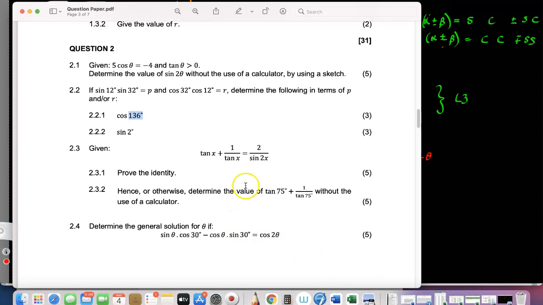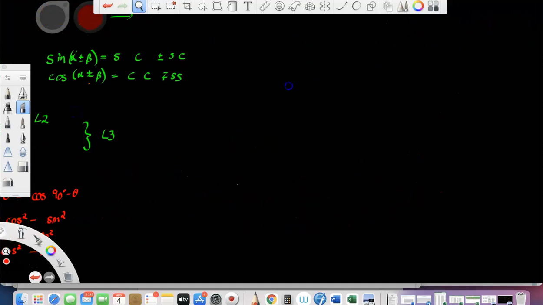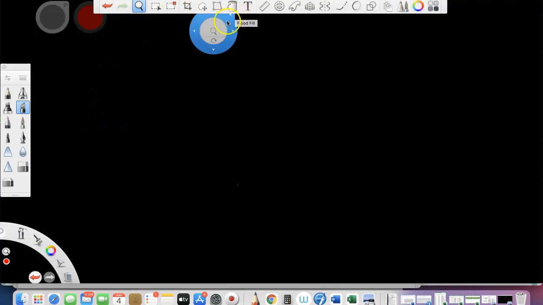Next question. Okay, now they give you this and they ask you to prove this identity. Again, that is a level 2 skill, to prove identities, and especially this one. This one was superbly simple.